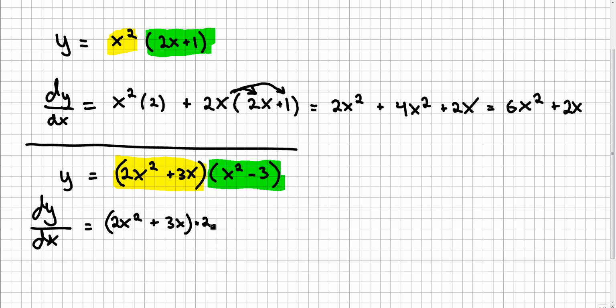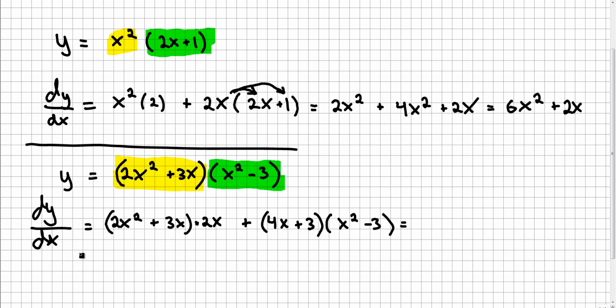And then we have the plus sign. The second part is going to be the derivative of the first function, which is going to be 4x plus 3, and then times the second function, and we're just going to write it out as it is. So x squared minus 3.